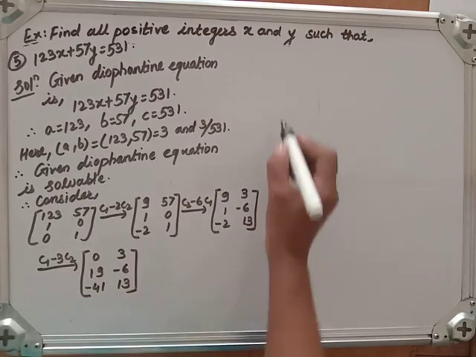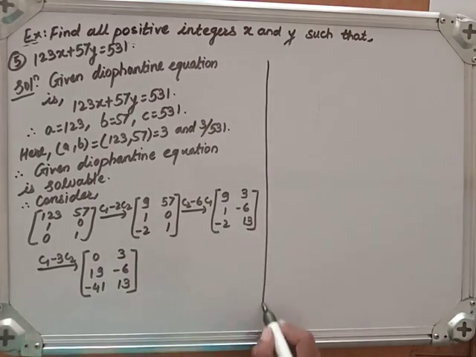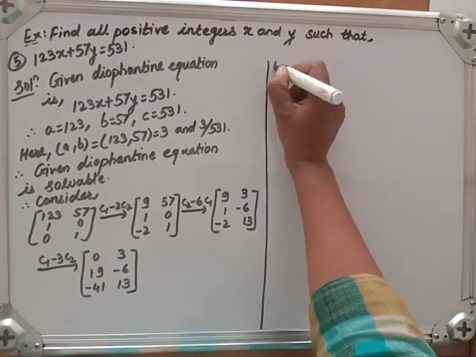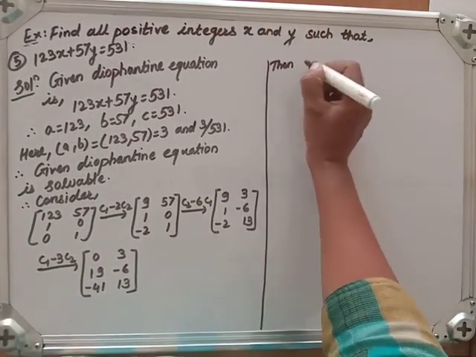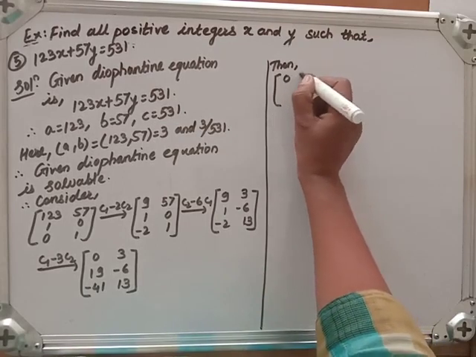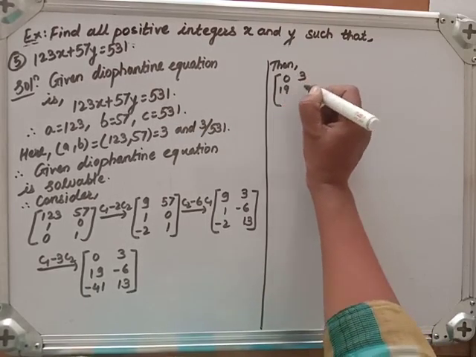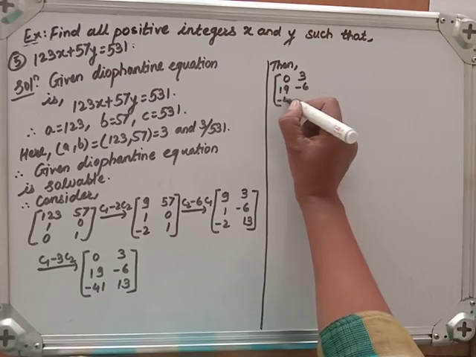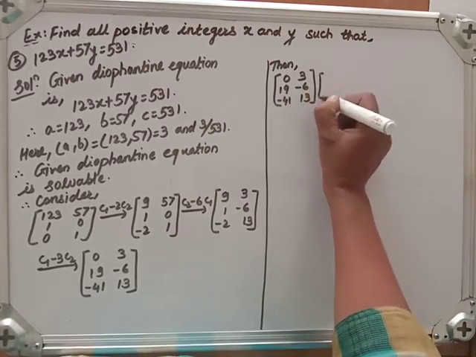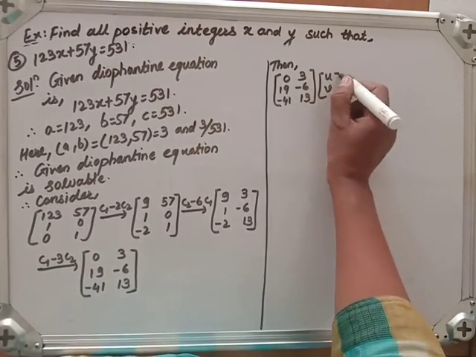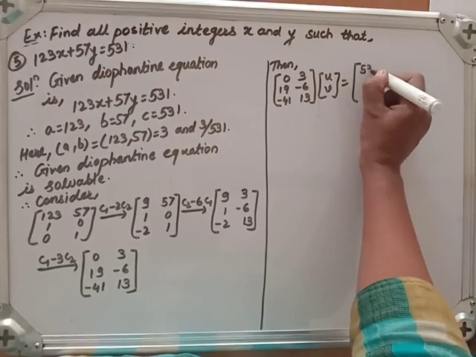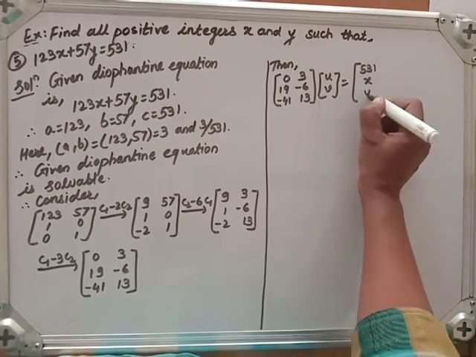Then this is the most simplified one. Then consider the system 0, 3, 19 minus 6, minus 41, 13 into (u, v) that is equal to 531, times x and y.